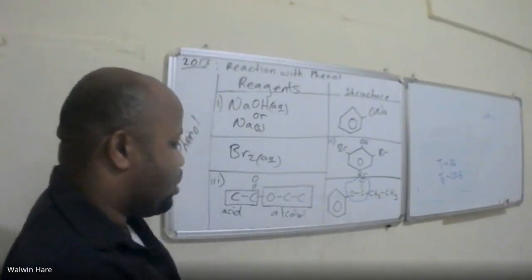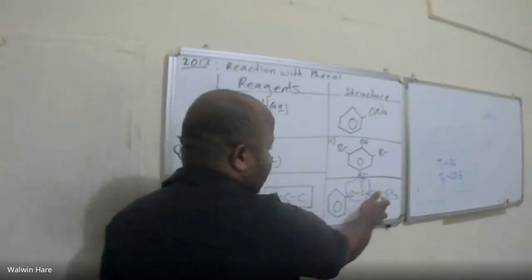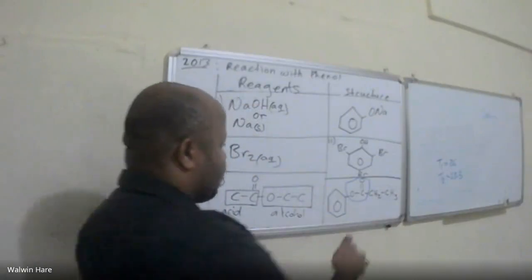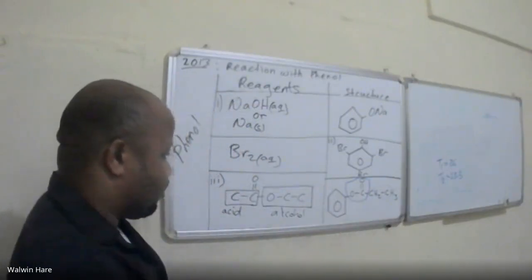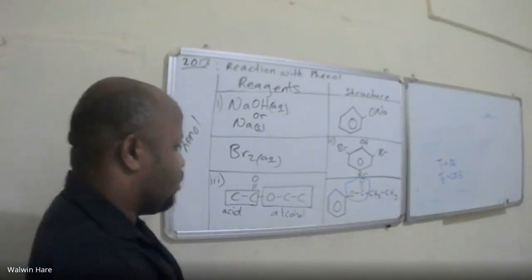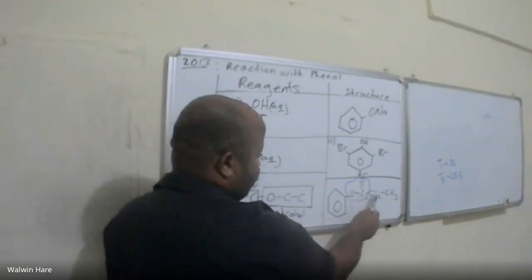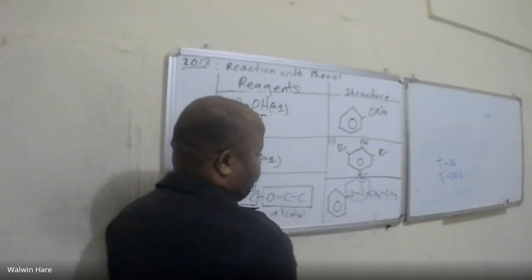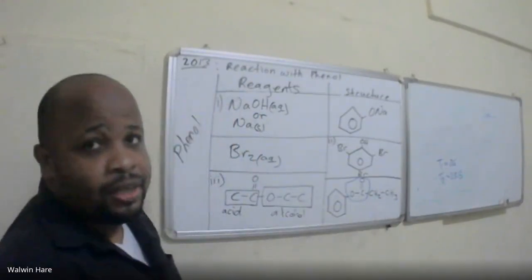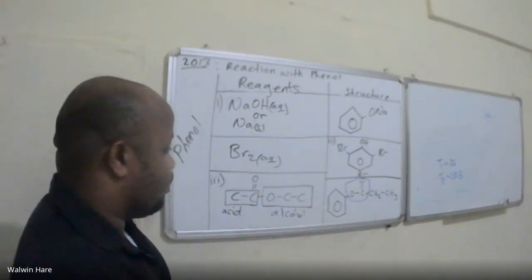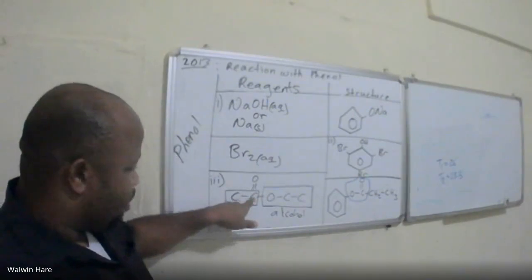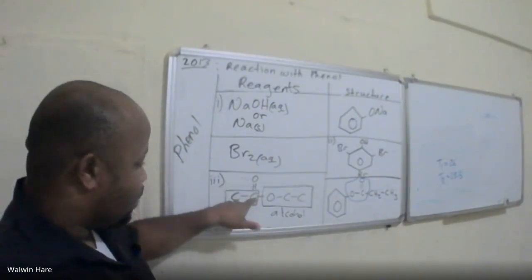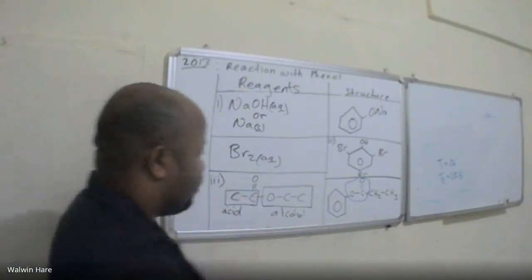So which portion of this would be the acid? Which part should we start from? Which carbon? This, 1, 2, 3, which one of them for the acid? The first carbon. Right. Because anywhere from the C double bond O, that is where the carboxylic acid would start.